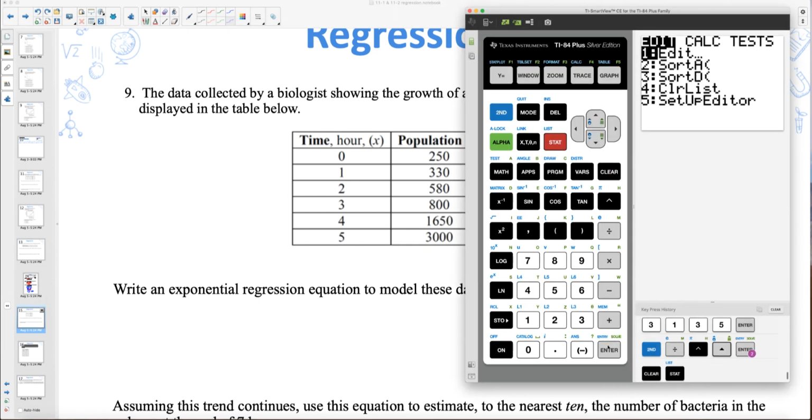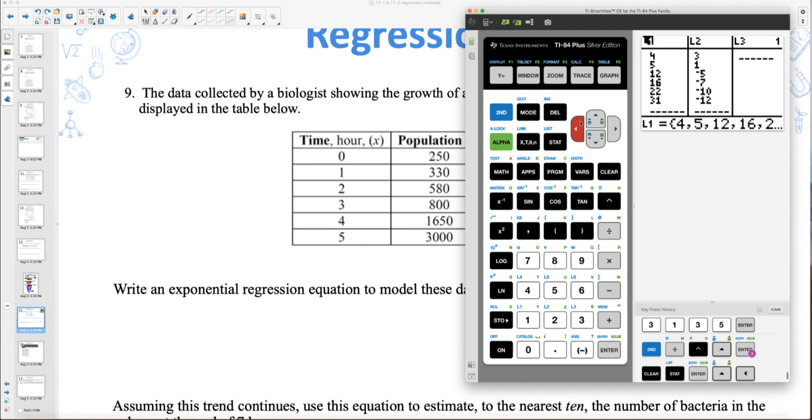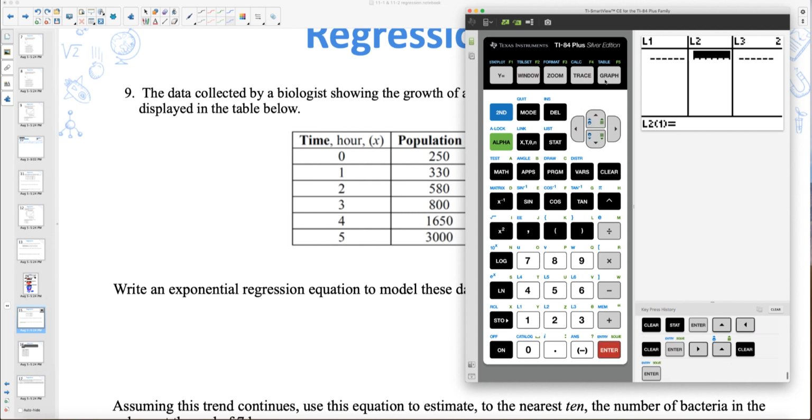So stat, edit. We want to clear this out. Don't delete. Clear, enter. Clear, enter. So we'll put in our data. So 0, 1, 2, 3, 4, and 5. Then 250, 330, 580, 800, 1650, and 3000.